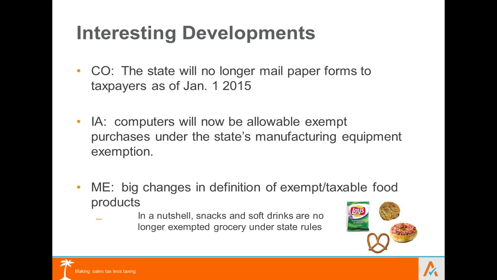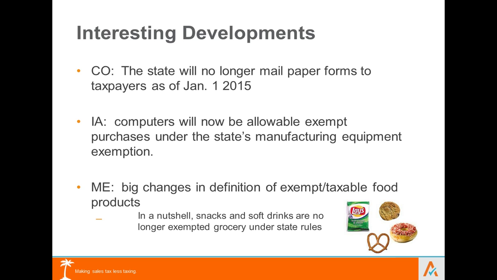In Iowa, this is the list part, but it's just kind of interesting stuff, and I'll try to make it in some context of the whole country here as I zip through these. Iowa's decided that computers, and computer hardware and software, some software, is now includable under the manufacturer's exemption.